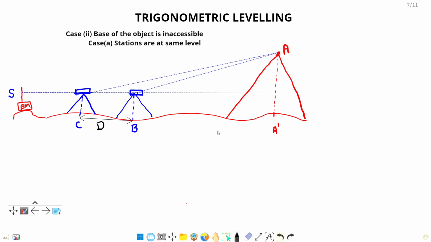So what we will do in this case, we will move our instrument up to a certain distance D and set up again, and we will take the readings again. So here we will get multiple readings.